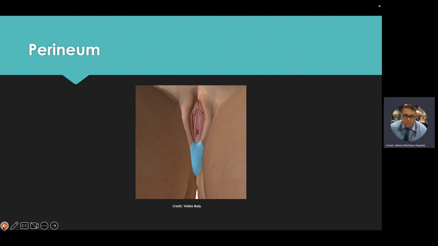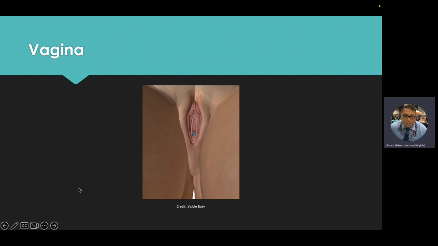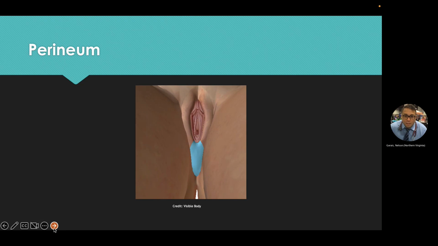So let me bring it back to this term. The term vagina is not really the opening, it's the muscular tube that follows that. And that's the vaginal introitus or the vaginal opening. This area is the vestibule. And the perineum, here's the vaginal introitus or opening, and the anal sphincters and anus is here.